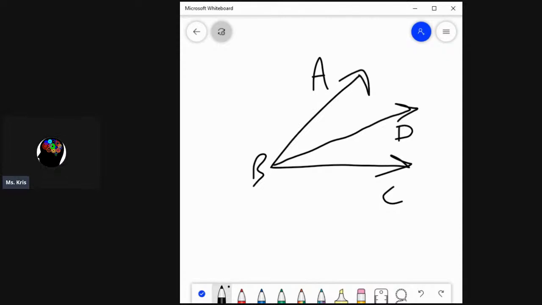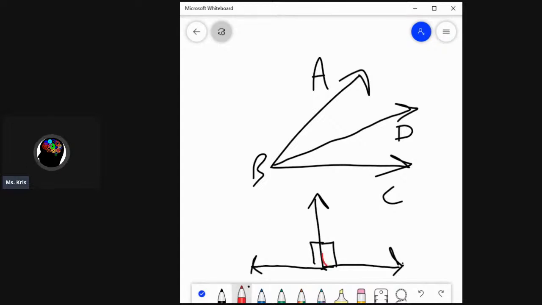Now, adjacent angles aren't always like this. Some of them will look like two right angles going into two different opposite directions, but they share the same side.